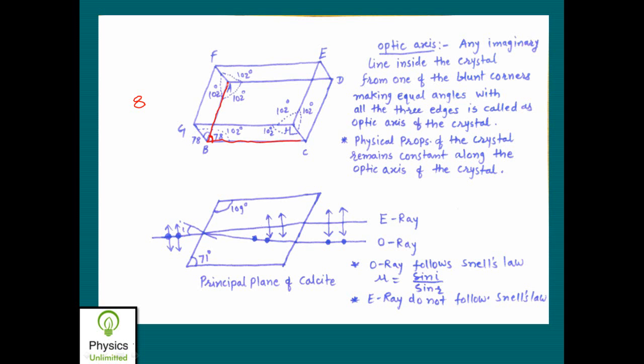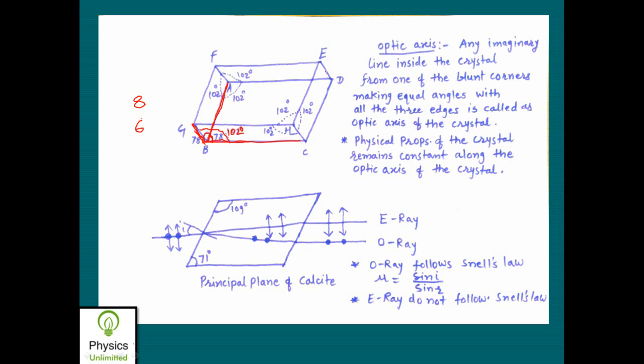Then with this face, say ABG, there is an acute angle of 78 degrees, while with this face which is GBC, there is an obtuse angle of 102 degrees. Is it clear? Yes, sir.